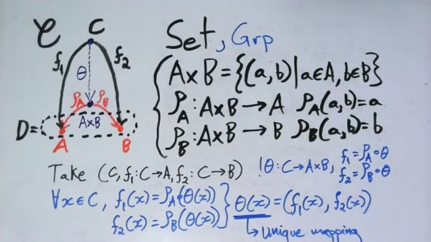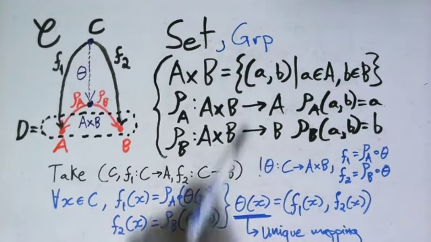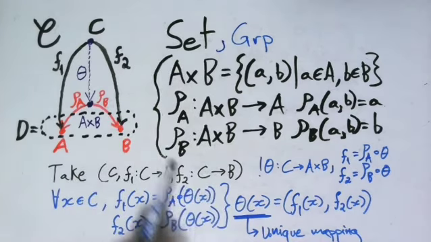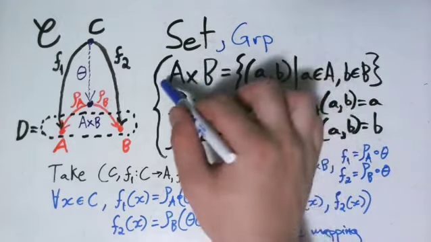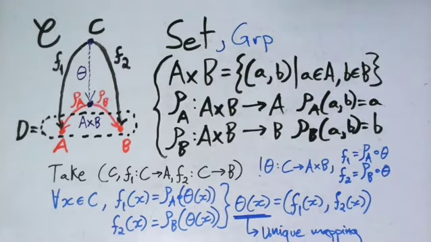The Cartesian product, or usually we refer to it as the direct product of groups, is a group. And not only that, but the projections from that group back into our original groups, A and B, are both homomorphisms. So what does that mean? Well, that means that all of these objects that are in this triple exist in the category of groups when A and B are groups.